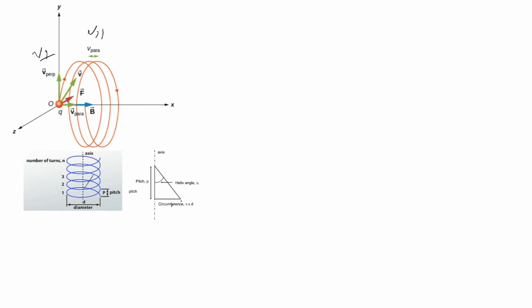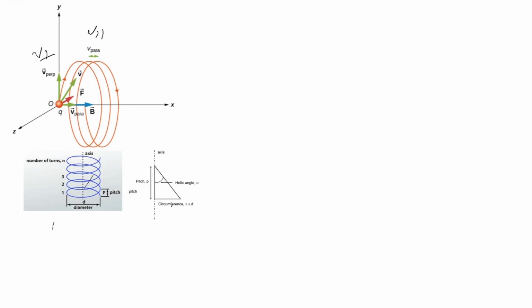So, you see what is pitch here. It means one pitch: in one period, when the electron gyrates for one period, it moves one turn and goes to the second turn. So, I can say that my pitch P is equal to V parallel, since along the axis of the helix it is moving with the velocity V parallel.